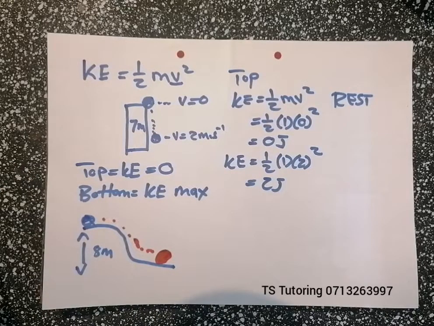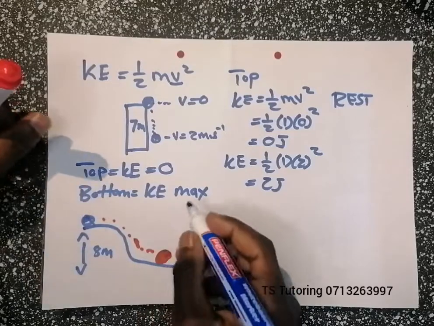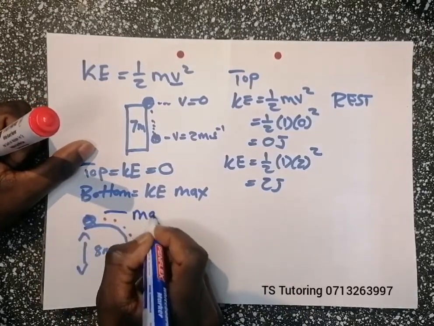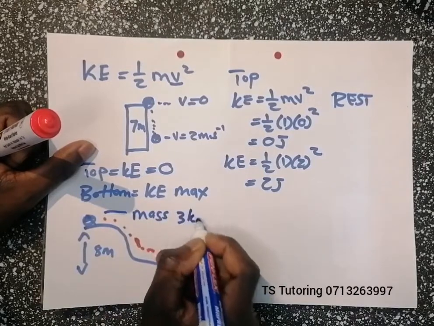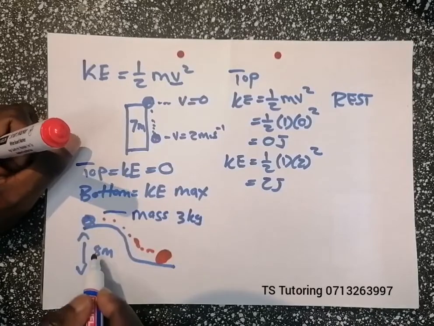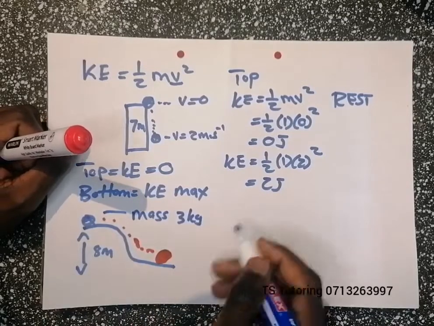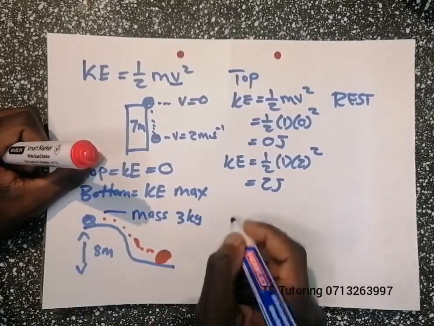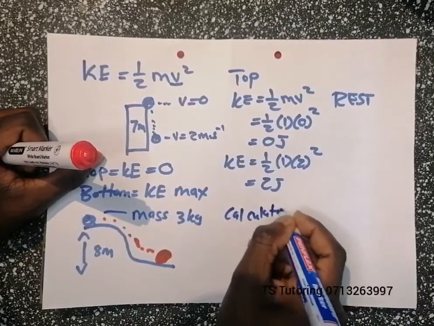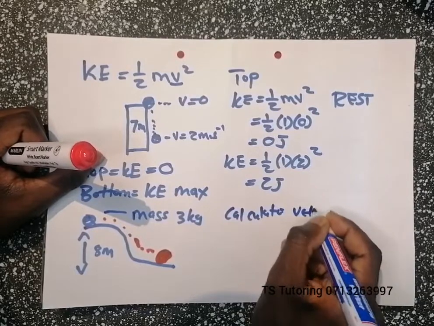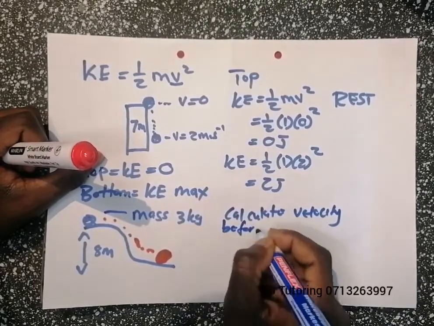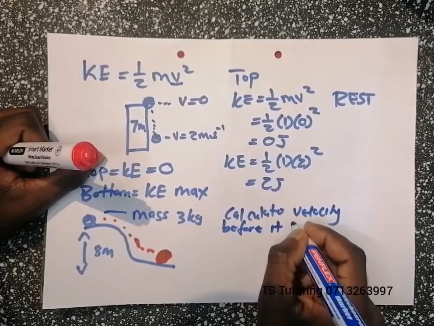First of all, let's say that the mass of the ball is 3 kg. It's on the slide that is 8 meters long. Calculate its velocity before it hits the ground.